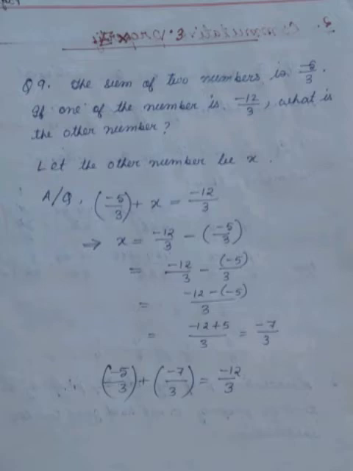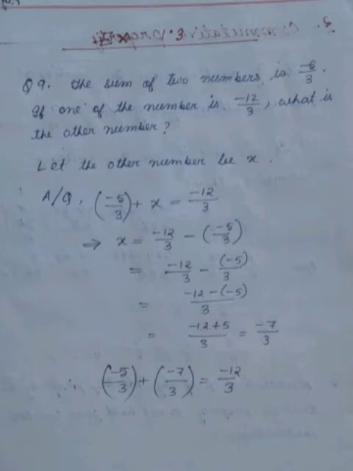So keeping x alone on one side and taking minus 5 by 3 to the other side, if we subtract minus 5 by 3 from minus 12 by 3, we get minus 7 by 3. That means minus 5 by 3 plus minus 7 by 3 gives minus 12 by 3.